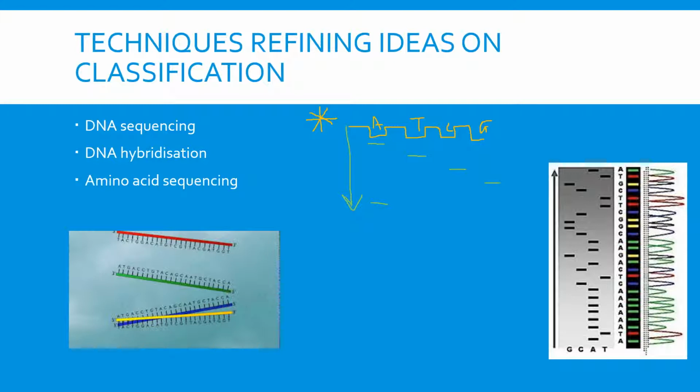And amino acid sequencing is when amino acid sequences are determined by DNA, and similarities between them represent similar proteins and how they're related. The disadvantage is that as the amino acid code is degenerate, there could be more than one sequence for this.